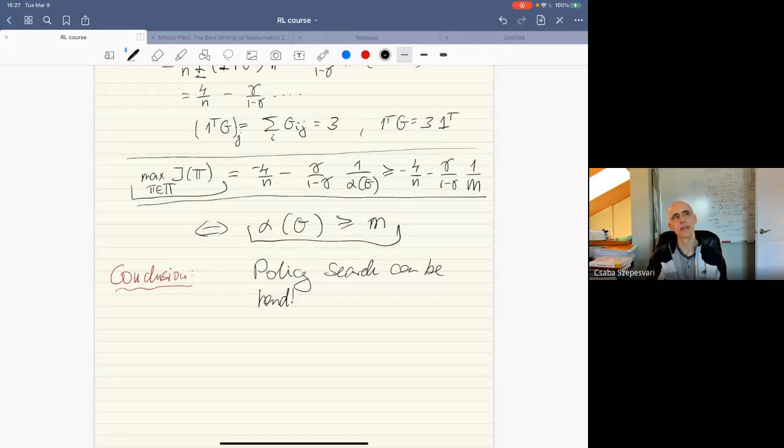And the guarantees that we had before for value function-based methods are not really of the form that you would be able to compete with the best policy that is greedy with respect to the set of all value functions or whatever.